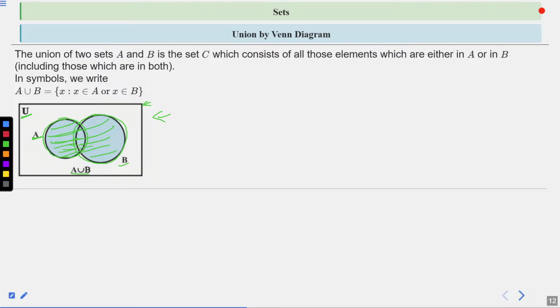And this whole blue region you are seeing is A union B. Clear? So, the Venn diagram showing union of two sets. Clear?